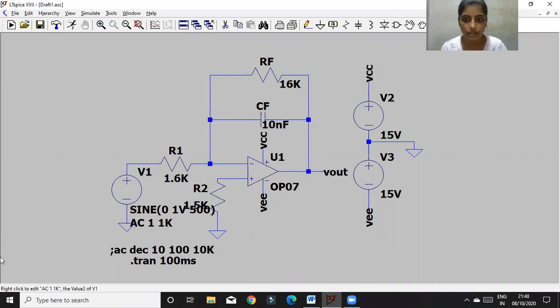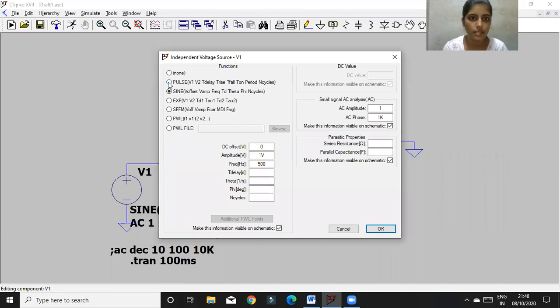Now to see the waveforms with a pulse input, here let's say minus 1 and 1.